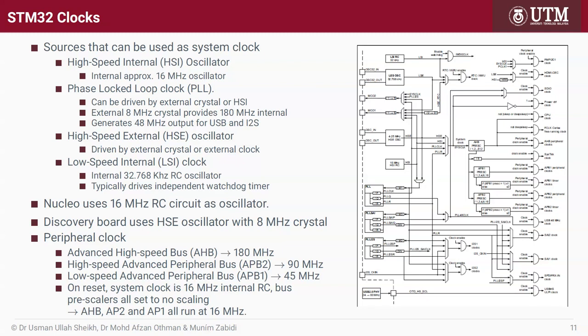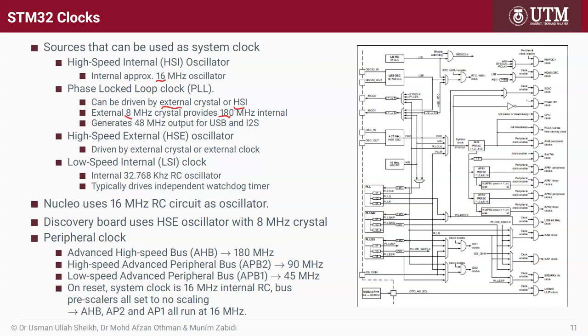If you look at the diagram copied from the datasheet, that's the clock circuit. On the STM32, we have 4 types of clocks. First is the high-speed internal oscillator, which is 16 MHz. And then there's a phase lock loop, which can be driven by an external crystal or the HSI. If you want the maximum 180 MHz, you have to use the external 8 MHz.